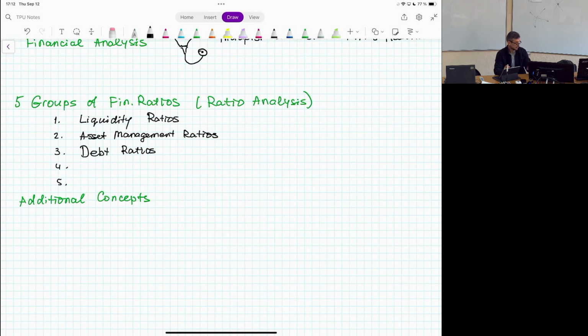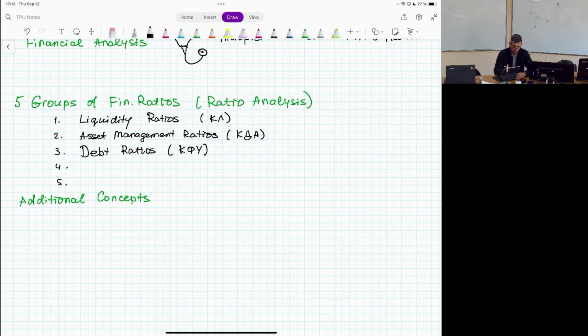Коэффициенты долга и это коэффициенты финансовой устойчивости. Кстати, я могу вам их здесь сокращенно написать на коэффициенты ликвидности. Это, пусть будет коэффициенты ликвидности. Asset Management Ratios. У нас в русском они называются это анализ деловой активности или коэффициенты деловой активности. Вот. Debt Ratios – это коэффициенты финансовой устойчивости.